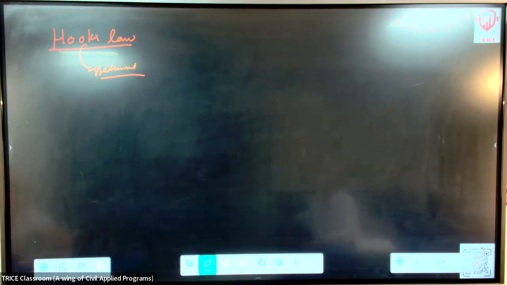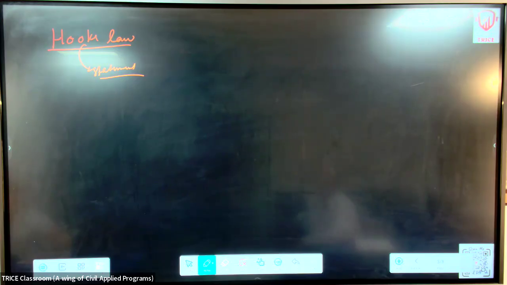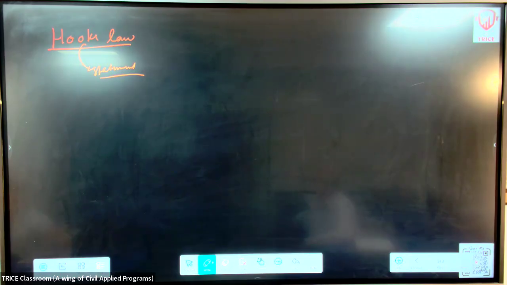Once again, I am not writing on the board. If you are serious, you should write all of this. Elasticity is the property of a material by virtue of which it will regain or spring back to its original position when external axial forces are removed.